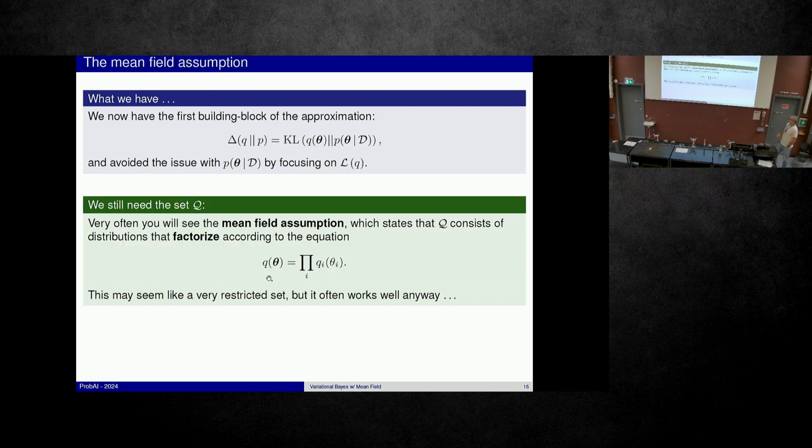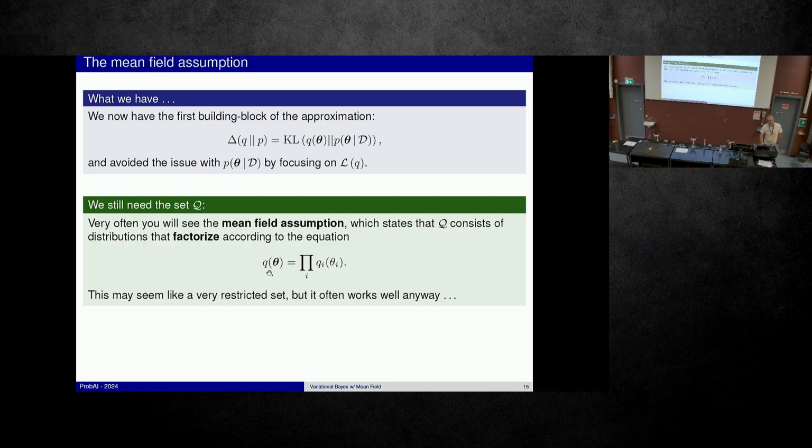The mean field assumption is basically just saying this thing here: the approximation is going to factorize. It is a joint over many parameters, say the offset and the steepness of my regression line. We know that the posterior for the fully Bayesian result shows a negative correlation between the two.